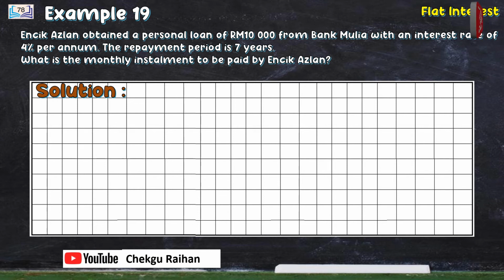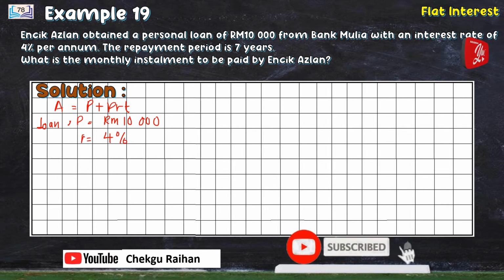So, use the formula A equal to P plus PRT. So, loan, which are principal equal to Ringgit Malaysia 10,000, rate equal to 4%, and the time equal to 7 years.